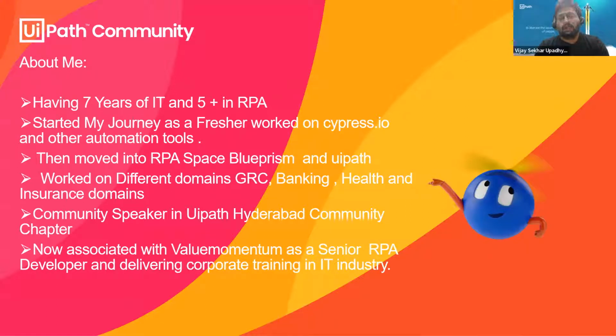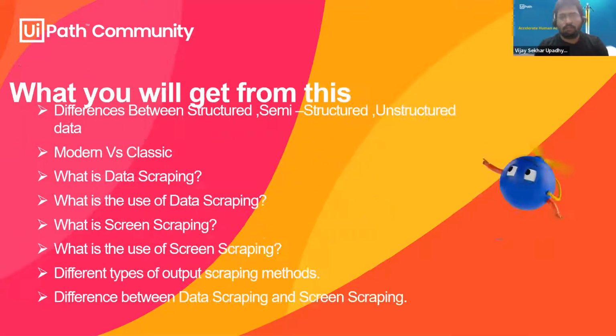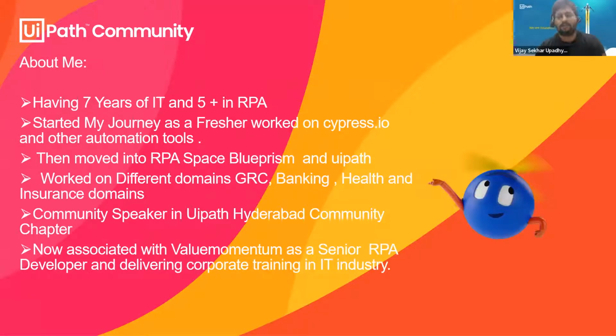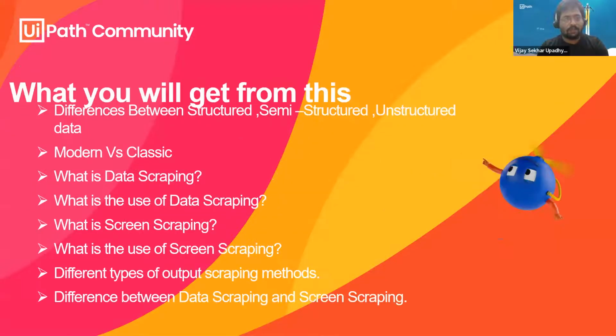I have worked in different domains: GRC, banking, healthcare, and insurance. I am a community speaker in the UiPath Hyderabad community chapter, and now associated with ValueMomentum, working as a senior RPA developer in the IT industry. Yeah, that's about myself, and let's come into the topics.